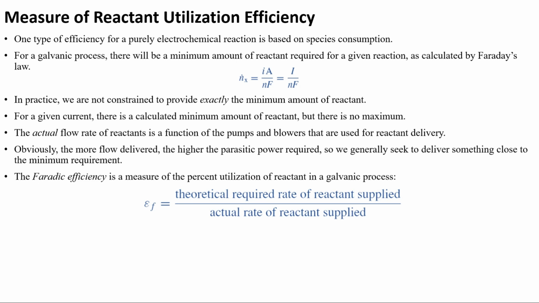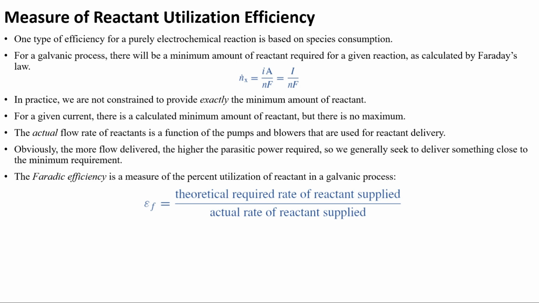The theoretical required rate of reactant supply is determined from Faraday's law. So the ratio of the theoretical rate required for an electrochemical reaction divided by the actual rate of reactant supply is called Faraday efficiency. It determines how much reactant is consumed in order to generate a particular amount of current.